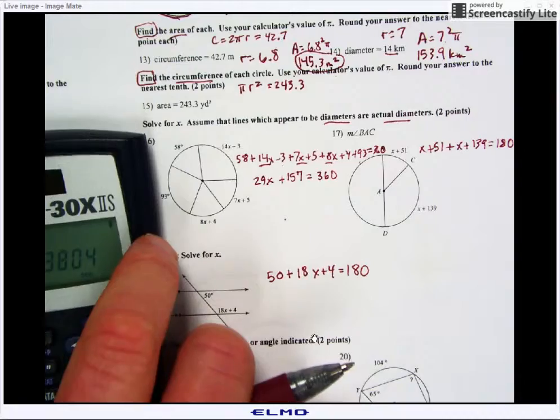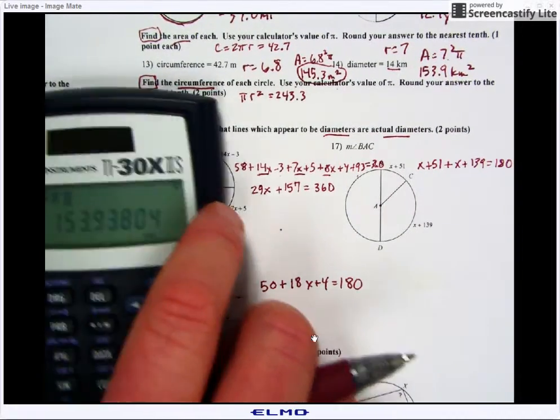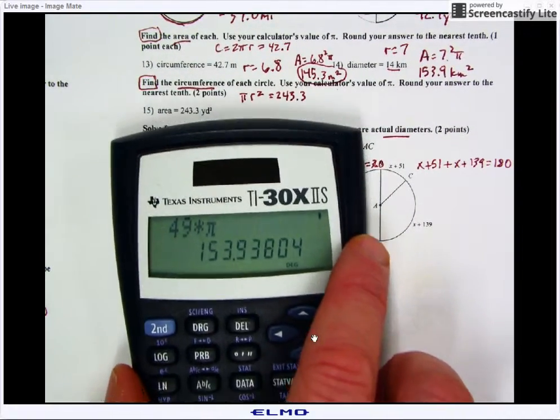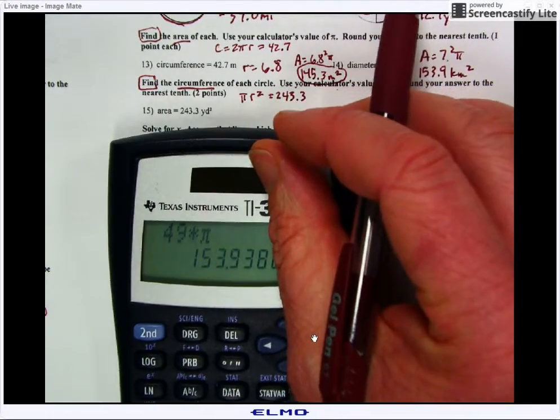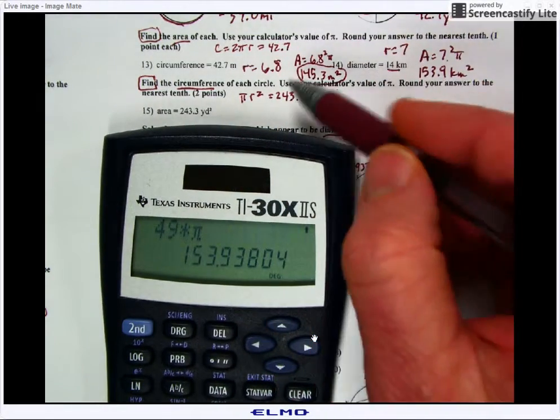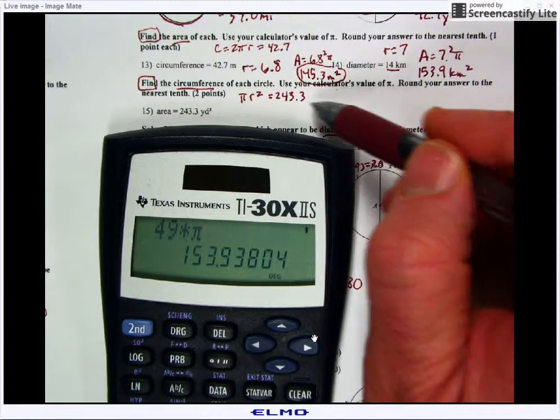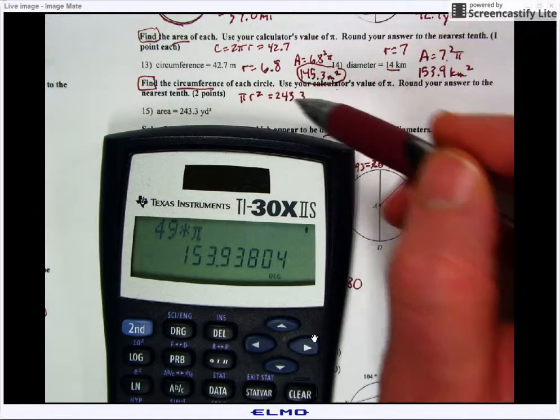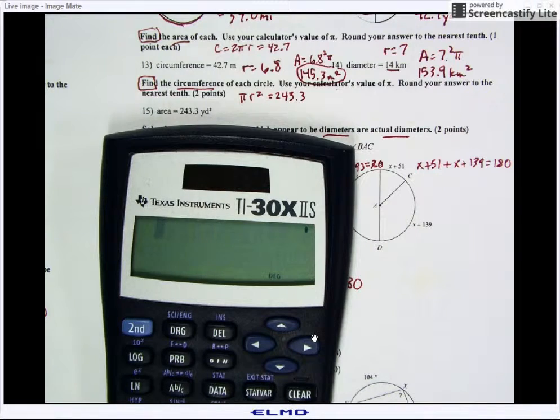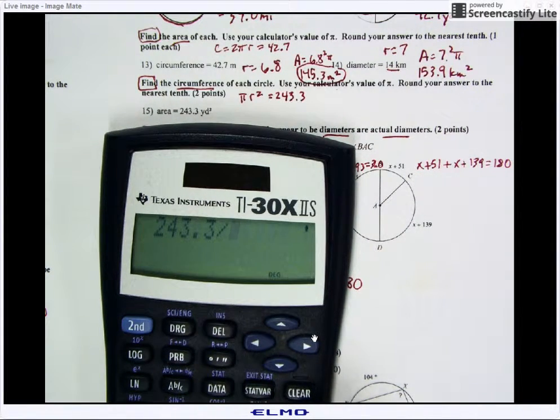Same thing here with find the circumference. They don't give you what you want to have. They give you the area. They don't give you the radius. So we've got to set the area equal to the area, and then solve for the radius. So we're going to take 243.3 divided by pi.